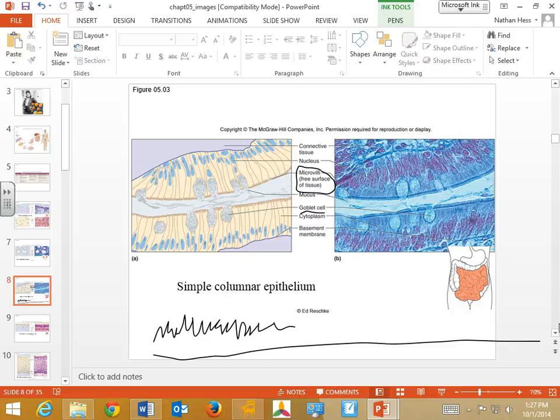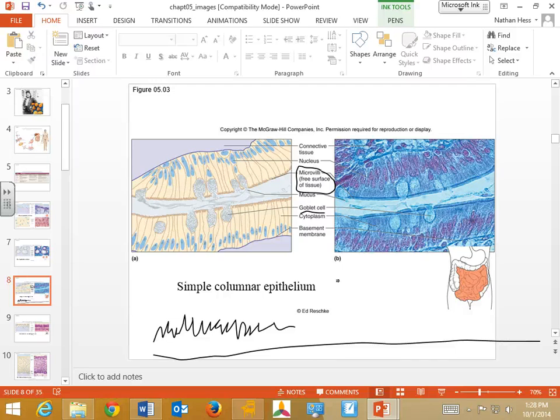The stuff you don't need, you pass into the large intestine. All the water gets drawn out of it in the large intestine. That's its main job, is to remove the water and break down some more of the fats. And then you expel it out as your feces. So the microvilli increases the surface area so that you can do more absorption in these tissues.